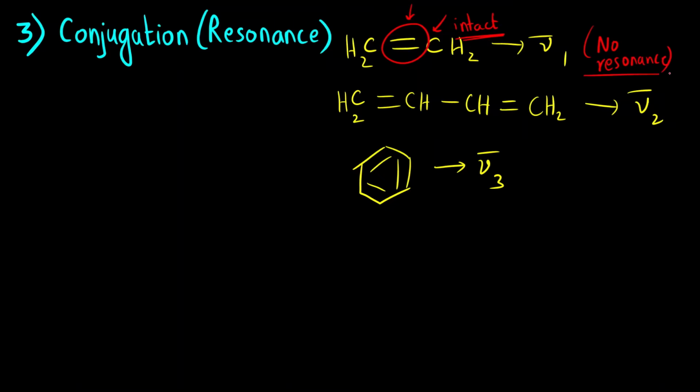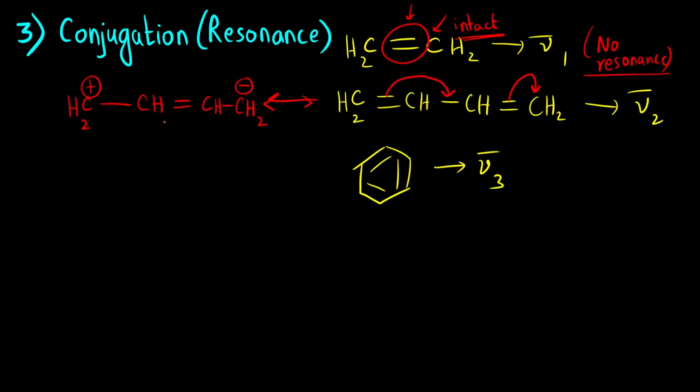For resonance, what do we want? We want conjugation, that is, alternate double and single bonds. For example, resonance will be possible in 1,3-butadiene. If I write down the resonance structure, it is CH2 plus, CH double bond CH, CH2 minus.